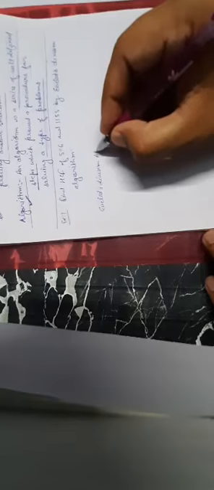Before we solve this example, we discuss the Euclid division algorithm. The Euclidean algorithm is used to find the HCF of any positive integers a and b, with a greater than b.